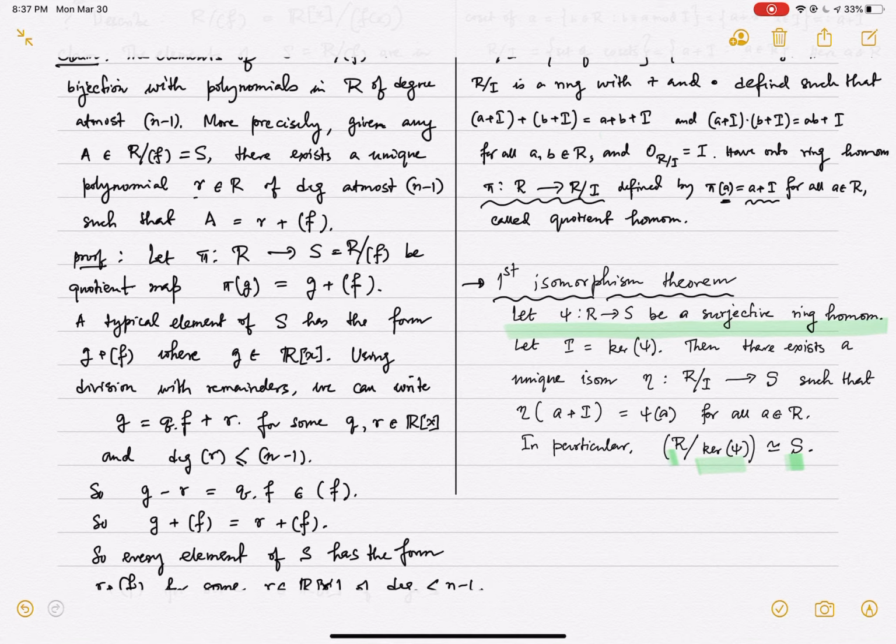That's half of the argument, that there exists an R of degree at most n minus 1 such that any element can be represented by that.